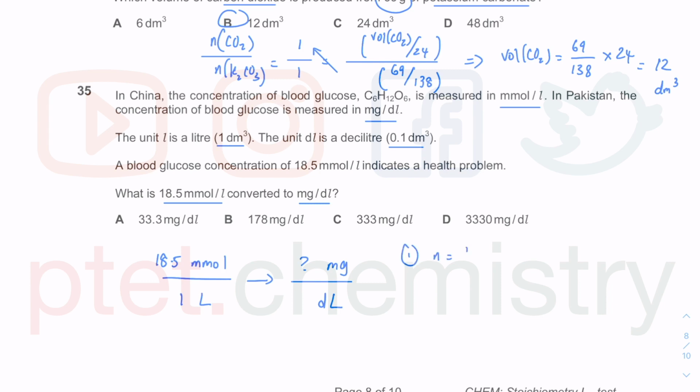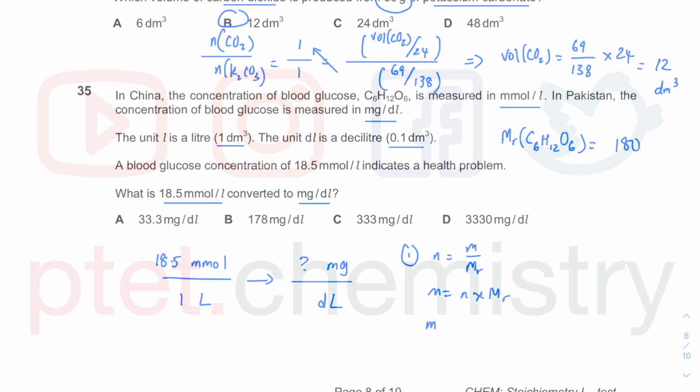Mole equals mass over mR, so if I want the mass, I will have the mole times the mR. I'm talking about glucose, so the mR of C6H12O6 is 12 times 6 plus 12 times 1 plus 6 times 16, which gives 180.